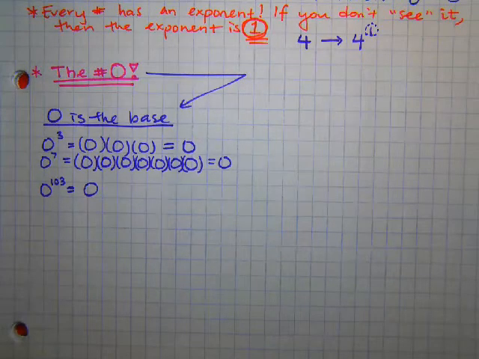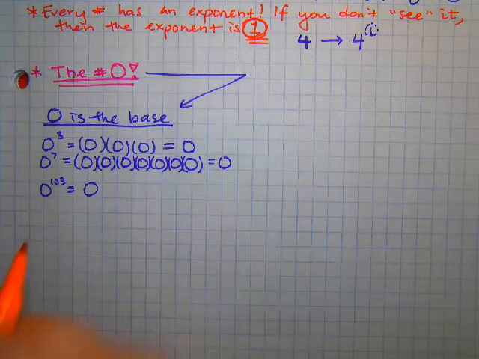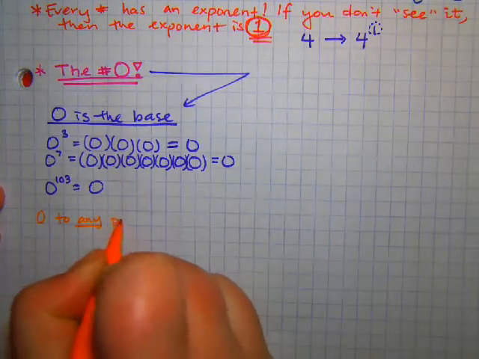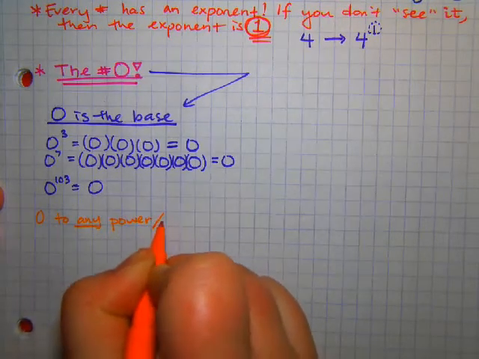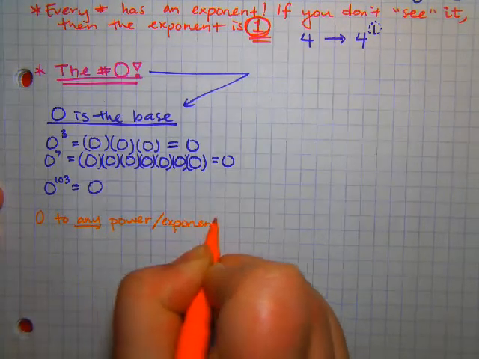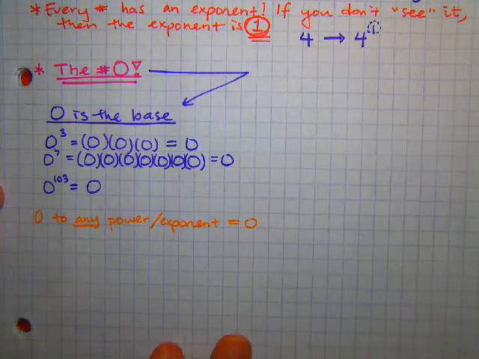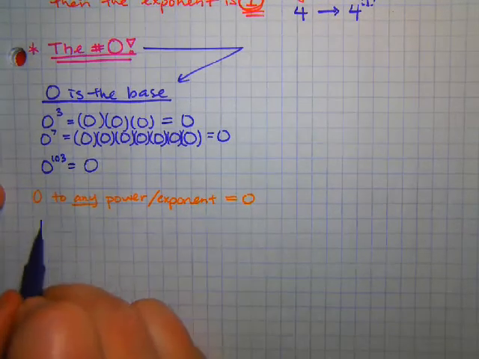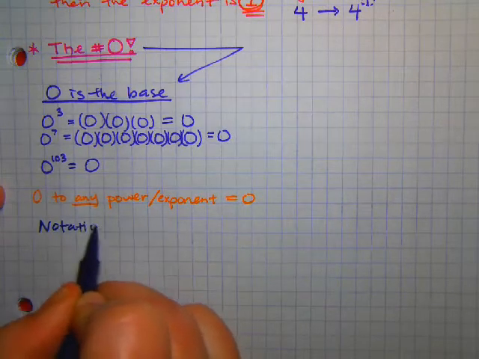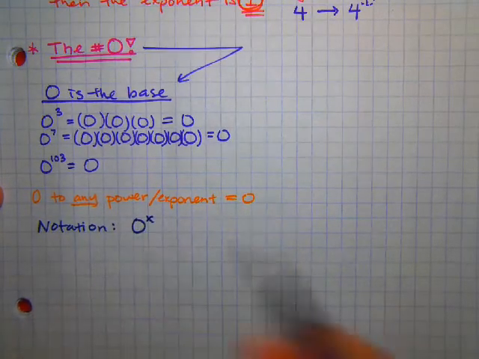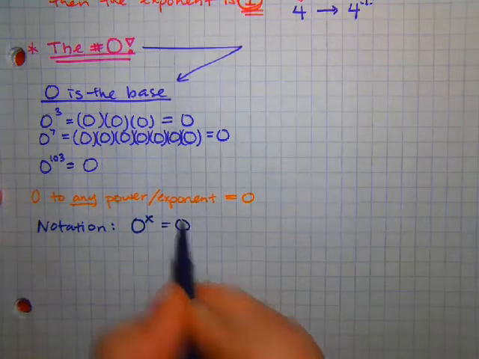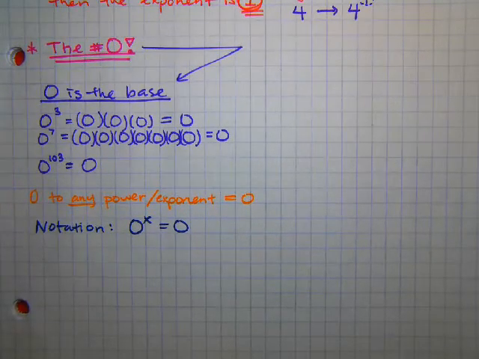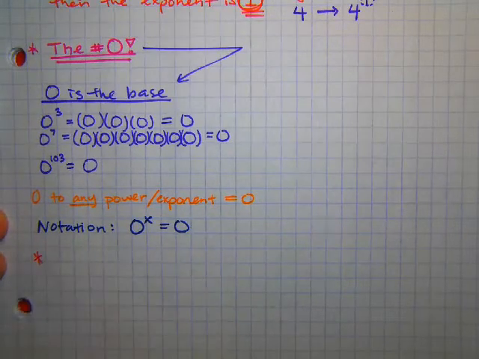So we would say 0 to any power, exponent, whatever, doesn't matter, equals 0. Okay, and so using our notation, just like we did above, 0 to any power, doesn't matter what it is, is going to stay equal to 0. Now there is one exception to this rule.